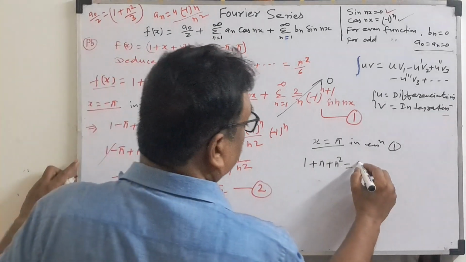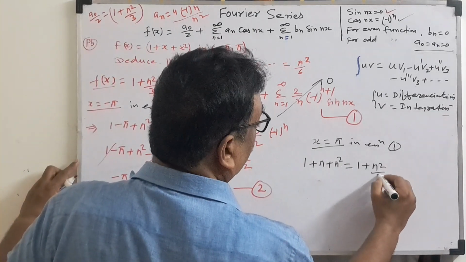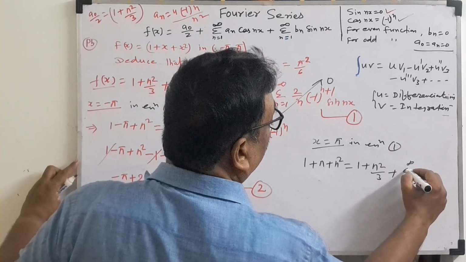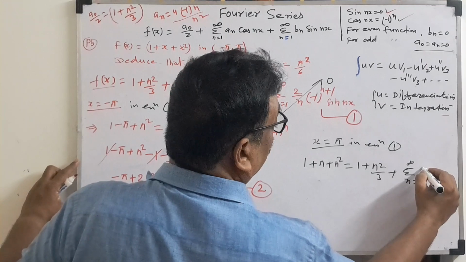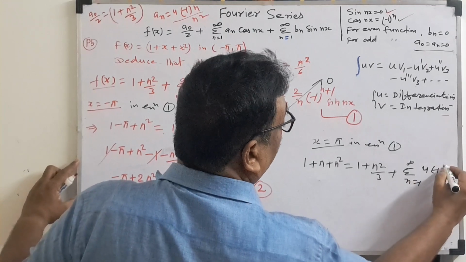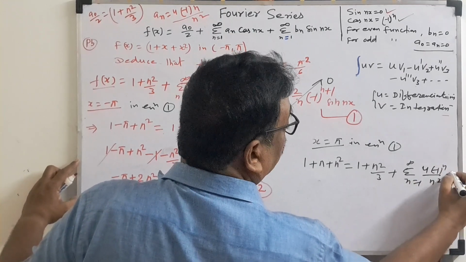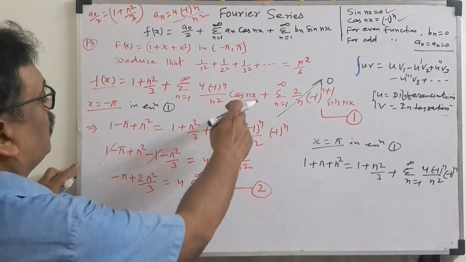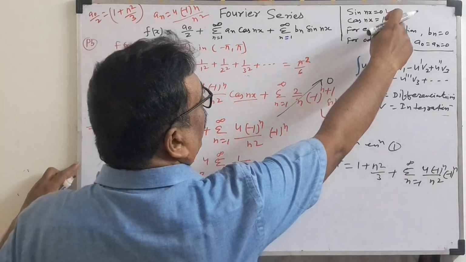Now this as it is 1 plus pi square by 3, then summation n is equal to 1 to infinity 4 minus 1 power n by n square, and this also again will come minus 1 power n because cos n pi is minus 1 power n.